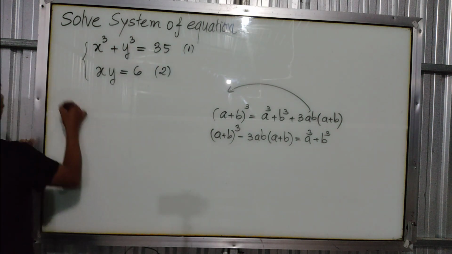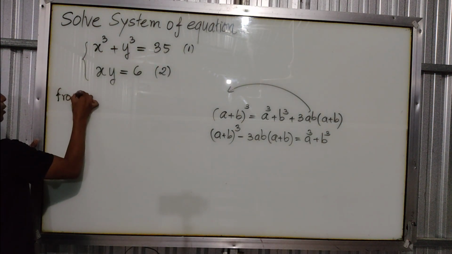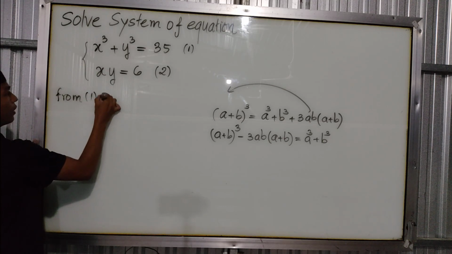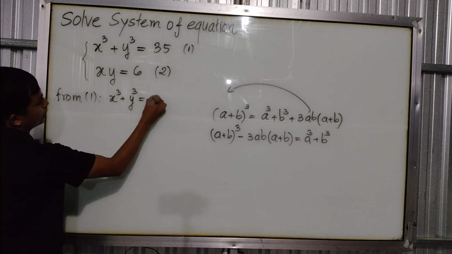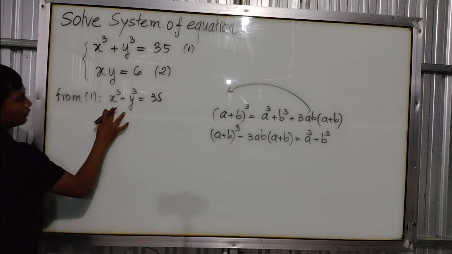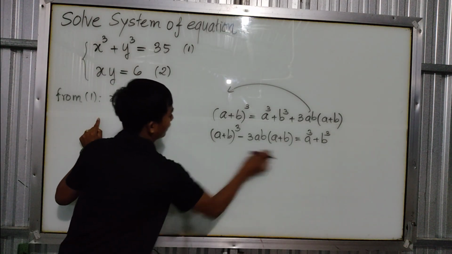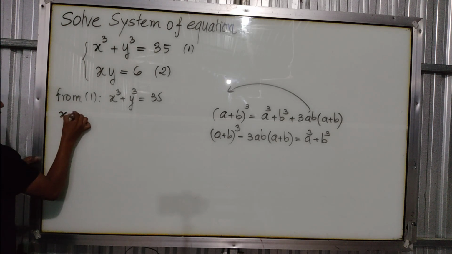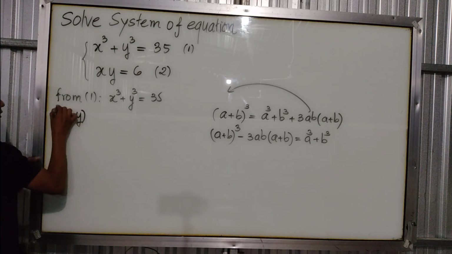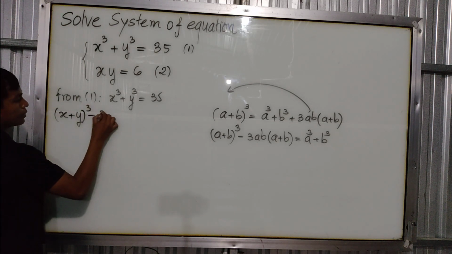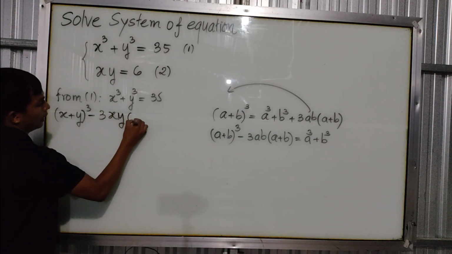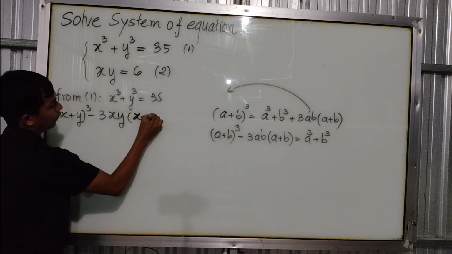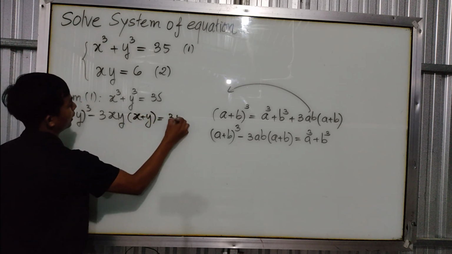Now from the first equation, we have x power 3 plus y power 3 is equal to 35. If we use this rule, we get (x plus y) all power 3 minus 3 multiplied by x multiplied by y, multiplied by (x plus y), is equal to 35.